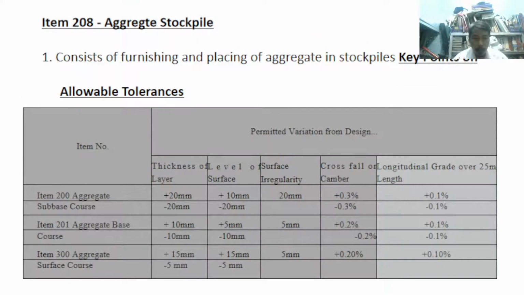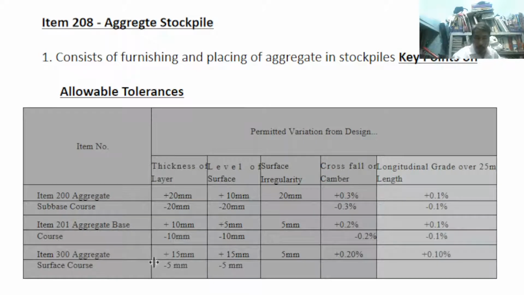Okay. So, number 1, consists of furnishing and placing of aggregate in stockpiles. Key points on allowable tolerances. So, aggregate stockpiles, so, piling of aggregates. What are the supposed tolerances? So, we have a table here. So, item number 200, 201, and 300.